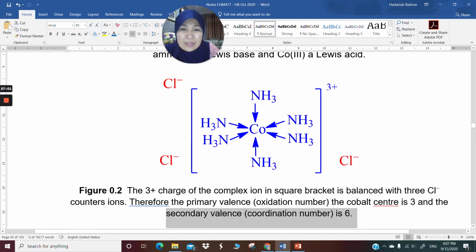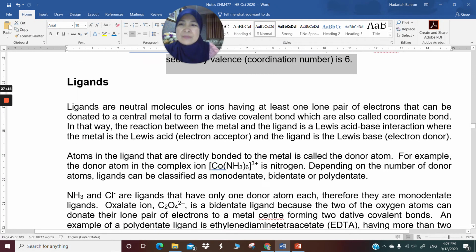So cobalt is coordinated to 6, so the coordination number of cobalt is 6. But cobalt has an oxidation state of 3 plus, so it has a primary valence of 3. Bear with me, this is not too difficult. You just have to follow my lecture carefully.